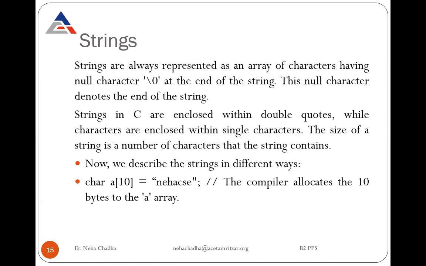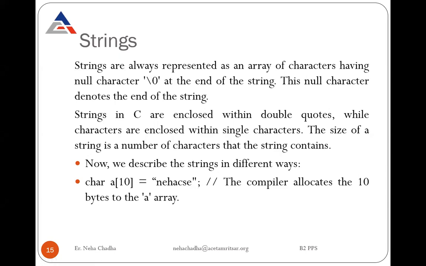Okay. Now we describe the string in a different way. char A[10] = "Neha CSC". The compiler allocated 10 bytes to the array A. Here 10 is the size I have defined, that is the number of bytes. I have allocated 10 bytes to my Neha CSC string.